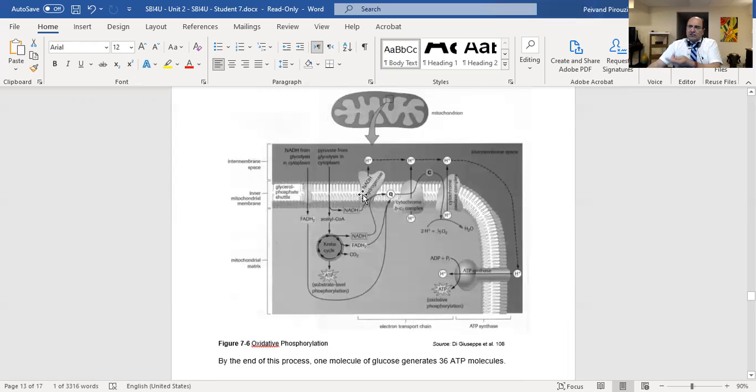This is just the schema to show you that this is the inner membrane. And here you have the glucose. You are going to have the Krebs cycle. All of these are going to stimulate different enzymes. And then your ATP synthase on the bottom right side of this picture is going to produce ATP.